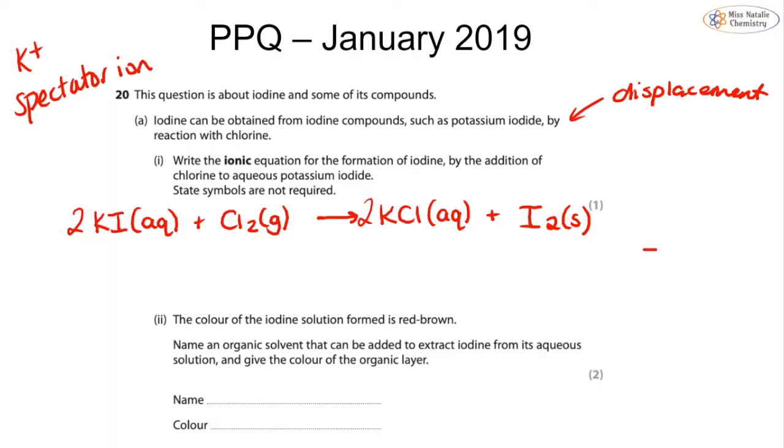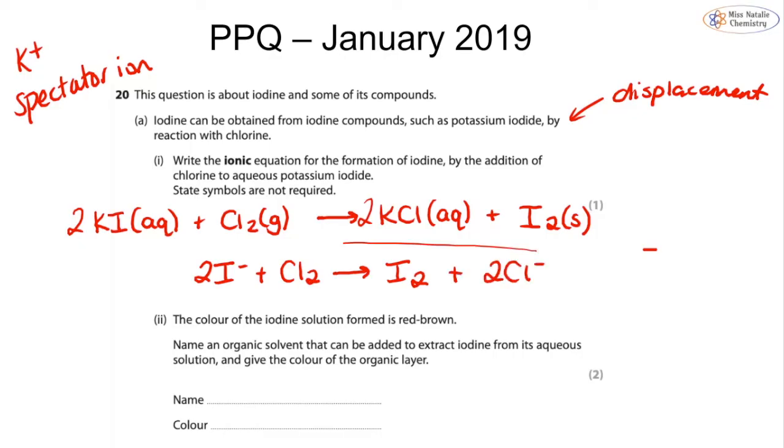So let's rewrite it underneath, but we're going to have two iodide ions reacting with chlorine gas, and we are going to form iodine solid, or I2, and we're going to form two chloride ions. This is your final ionic equation, and that's for 1 mark.